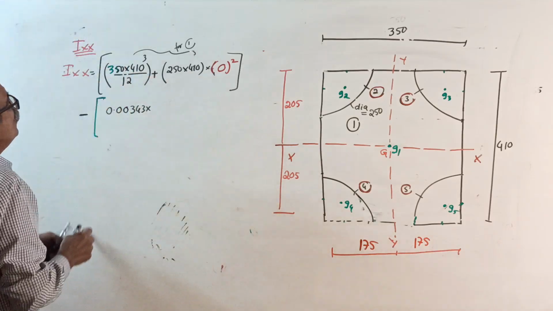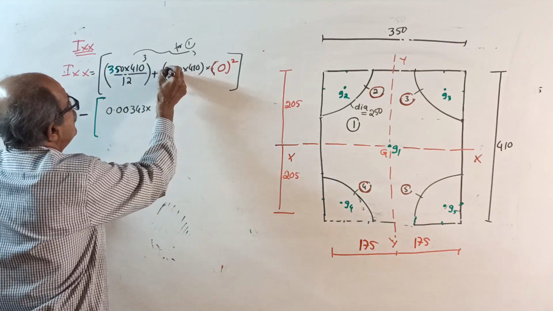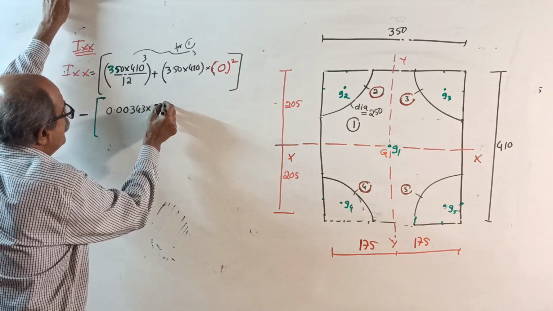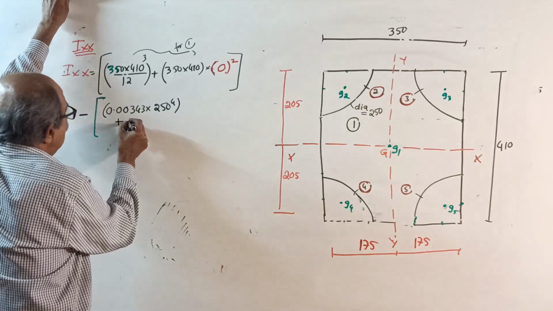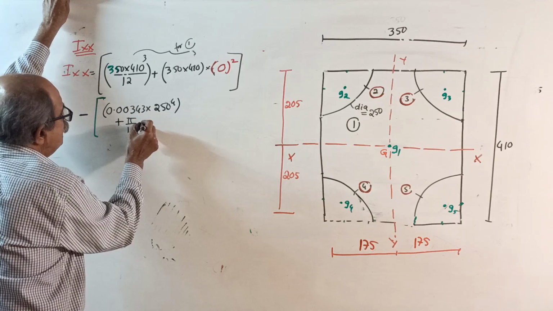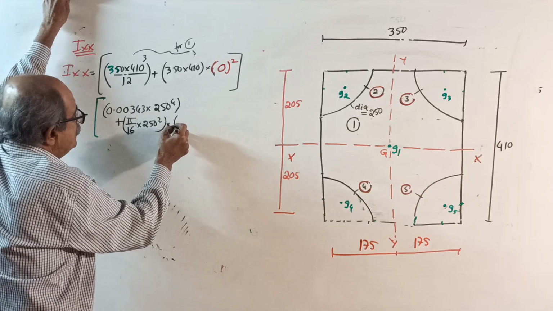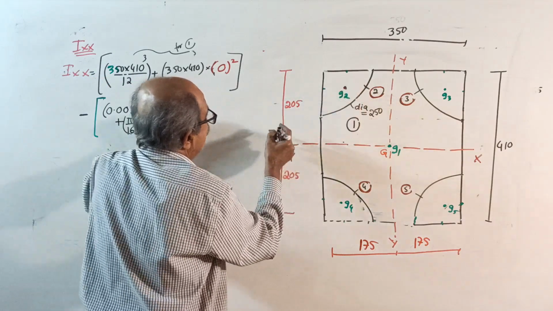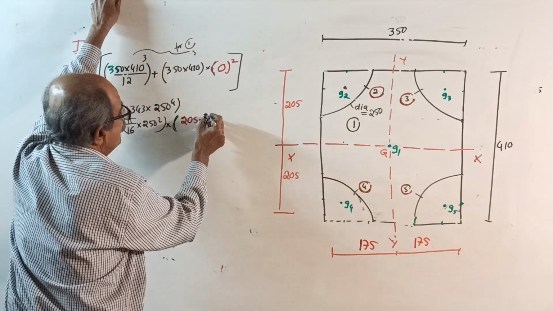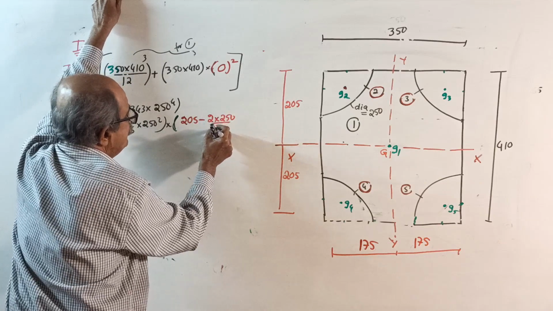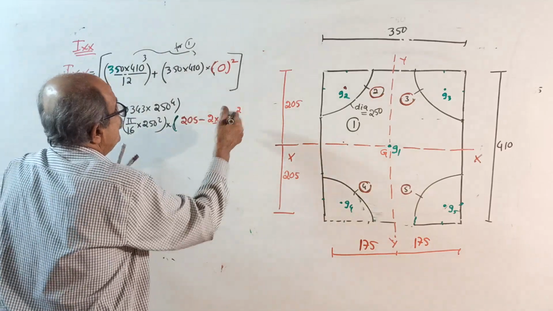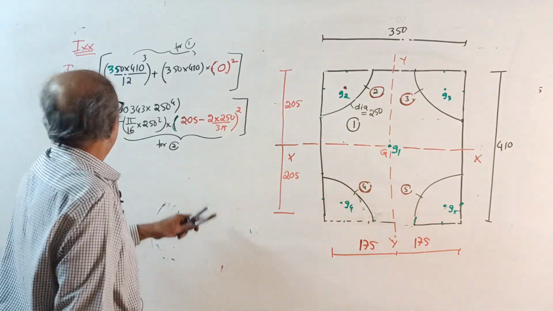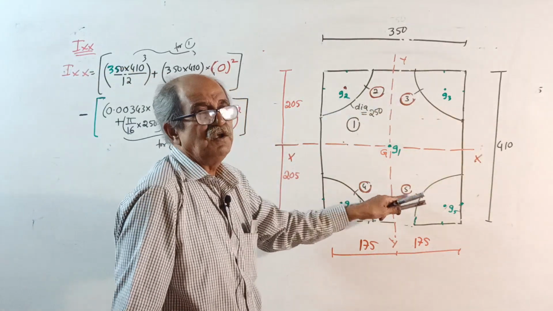So, 350 into 410 cube by 12, plus 350 into 410 into 0 squared, plus 0.00343 into diameter power 4, that is 250 power 4, as Ig, plus area, pi by 16 of 250 square, into the distance from G2 up to here, squared: 205 minus 2 into 250 divided by 3 pi, whole squared. This gives I about XX for 2. Similarly for 3, 4 and 5, all are the same.